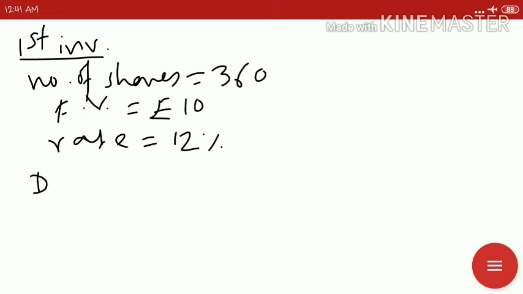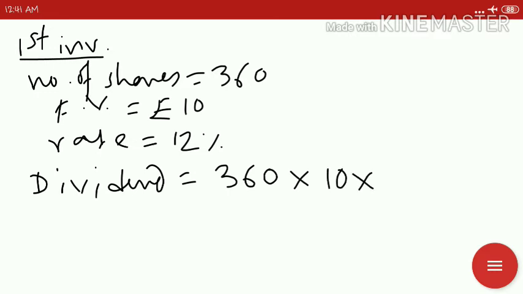So the dividend he has collected is rupees 360 into 10 into 12 by 100. Now calculating these values, you can find that it is rupees 432.